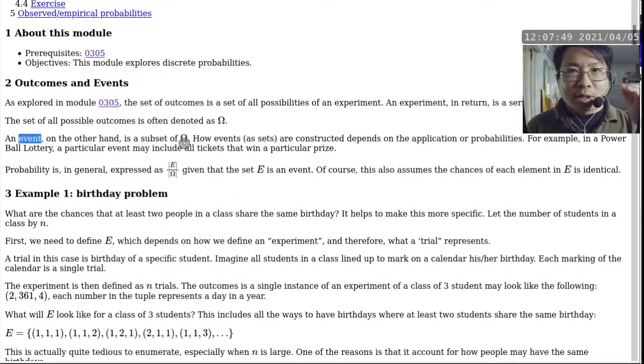Since I place this restriction on E, it is a logical consequence that E and omega are the same if I claim that E is an event of omega but not a proper subset. That leaves only the possibility that it is the same as omega.